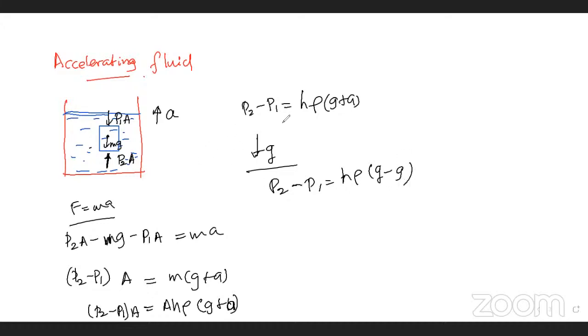Then g minus g is 0. So P2 minus P1 is 0, that is, P2 equals P1. So there is no pressure difference between these two points; every point in the liquid has the same pressure. So there is no change in pressure because of the acceleration of gravity. This is called free falling. When the body is free falling, there is no hydrostatic pressure inside.